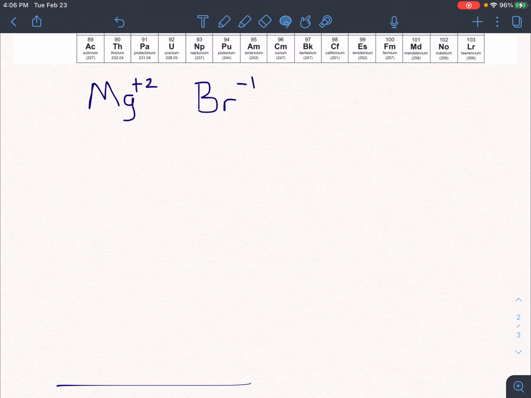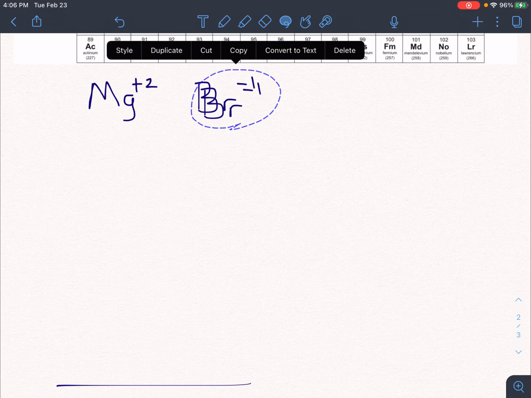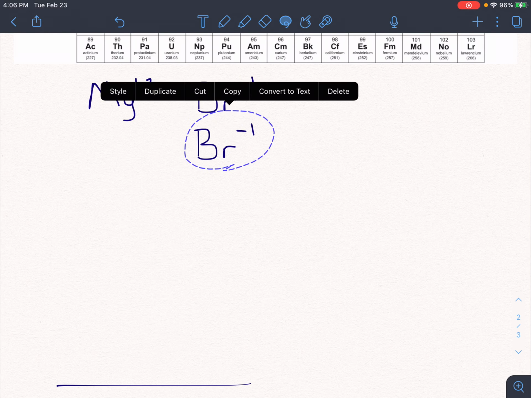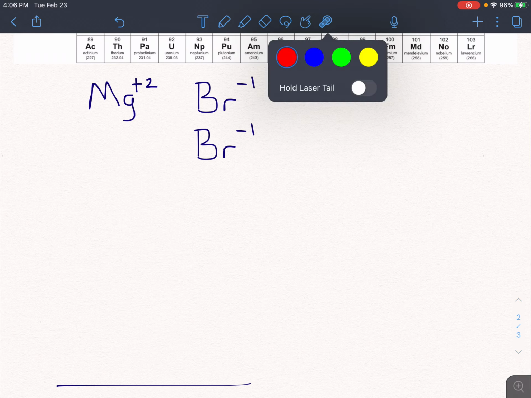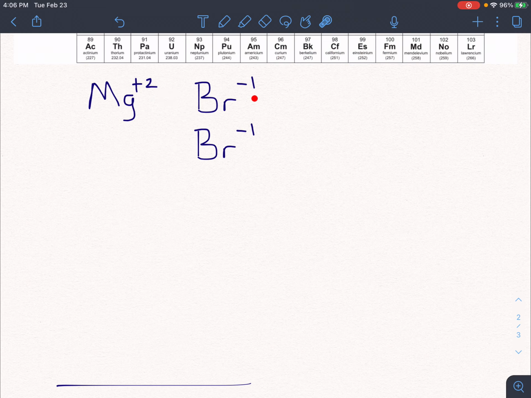So I need to add more bromines to cancel out the 1 magnesium. If I have 2 bromides, each with a -1 charge, then +2 - 1 - 1 gives me 0. That makes a neutral compound.